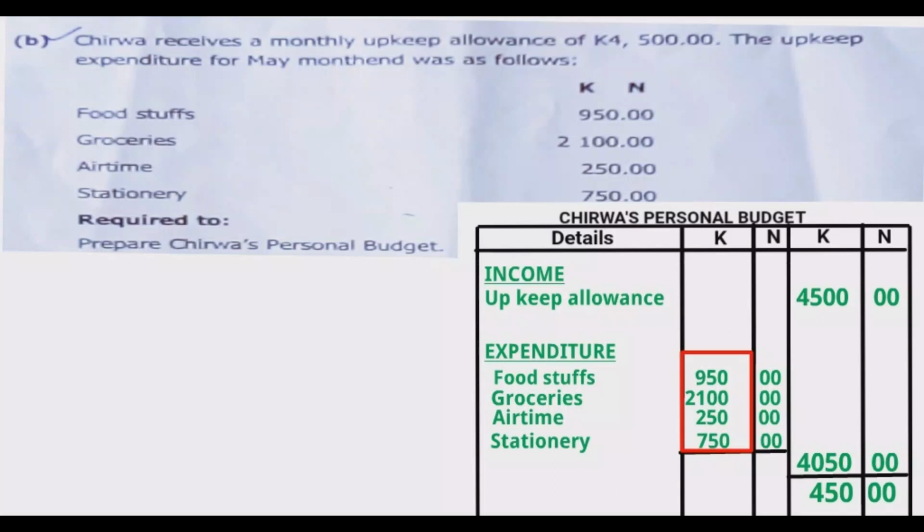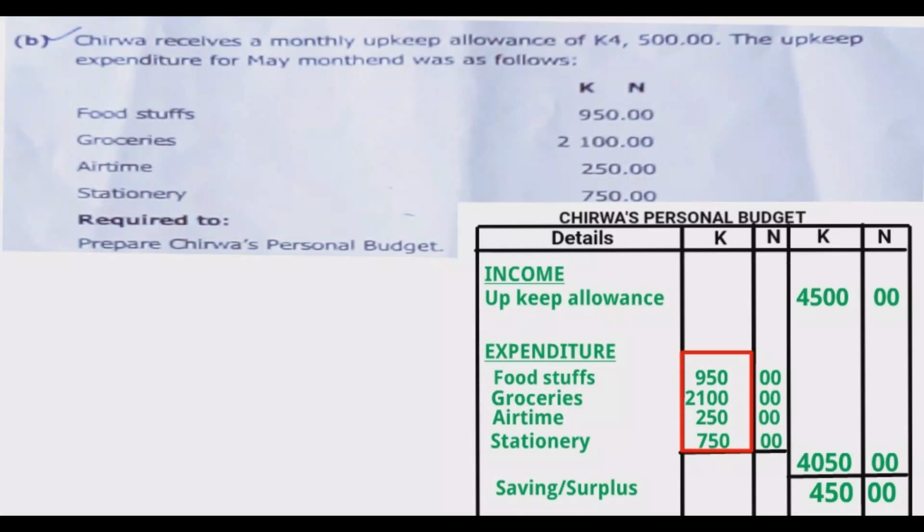Then 4 minus 0 gives us 4. Then 4 minus 4 gives us 0. So Chirwa is going to remain with 450 kwacha. The surplus of this budget is 450 kwacha. This is a good budget because there is money remaining in case of any emergency and for saving. Chirwa can save or keep the 450 kwacha for any emergency.